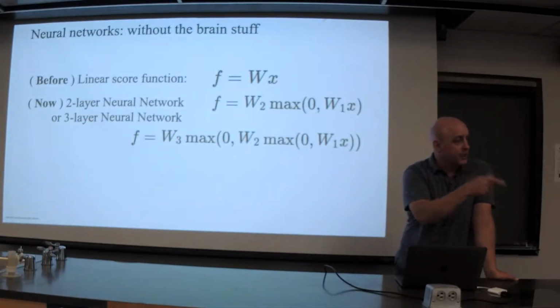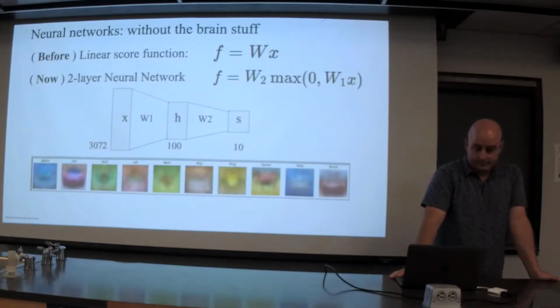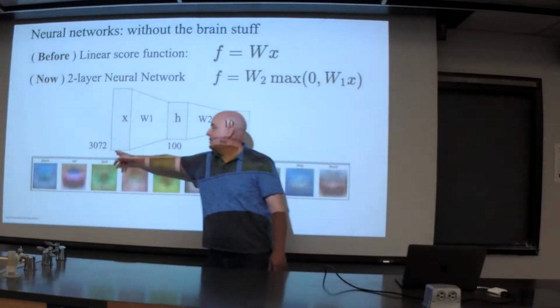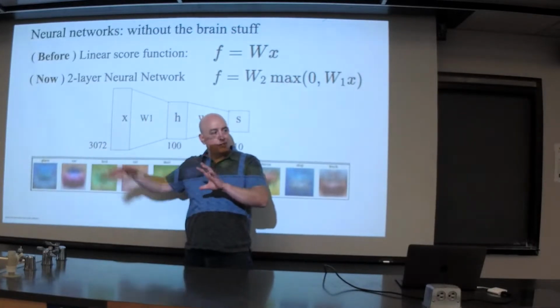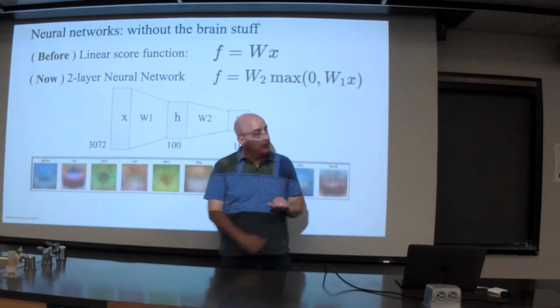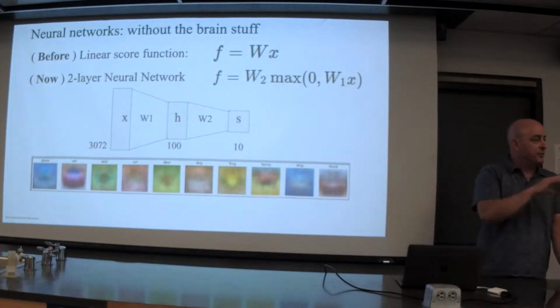What was the question? I had a question about the 100. So you can choose W1 to be whatever size. It has to have 3072 columns because your input is a column vector of size 3072, but it can have any number of rows that you want. It's kind of like a hyperparameter in some sense.